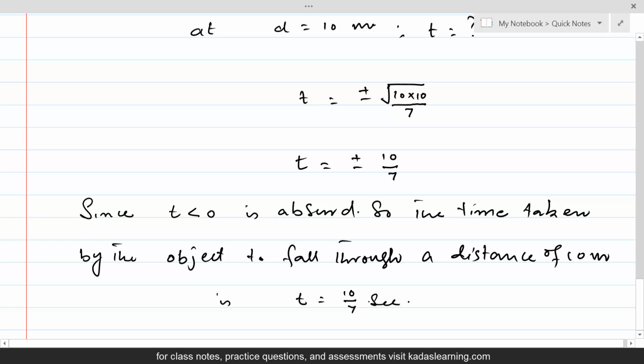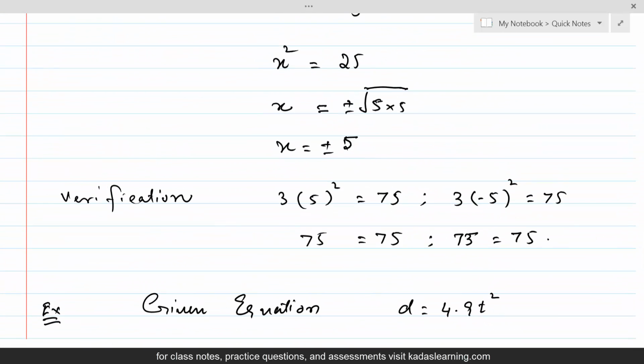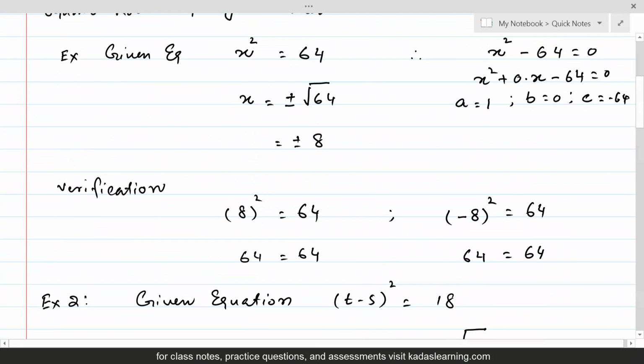So this is how we use this property, and it's usually used for vertically falling objects and many other situations as well. So this is one method for solution of quadratic equations, and in the next lesson we will solve quadratic equations by using another technique called factorization.